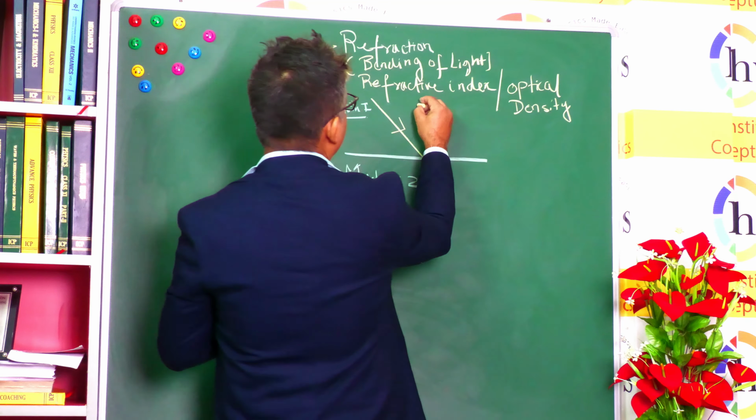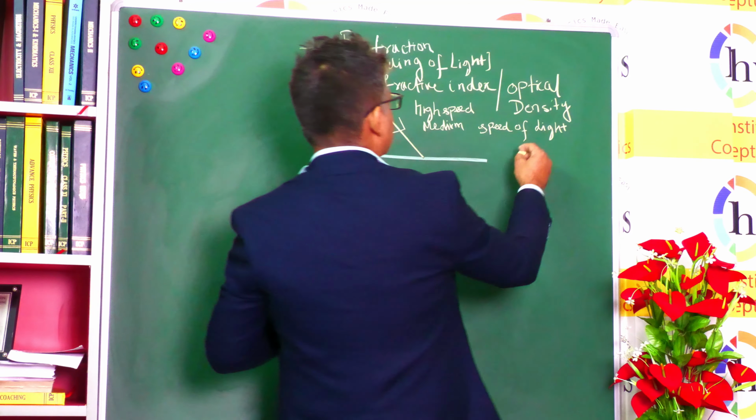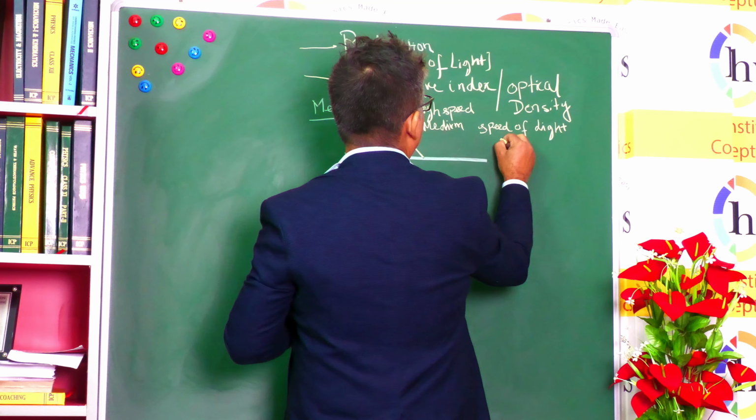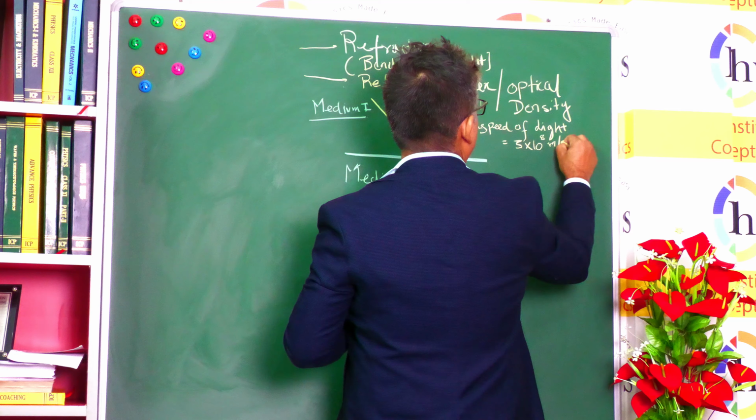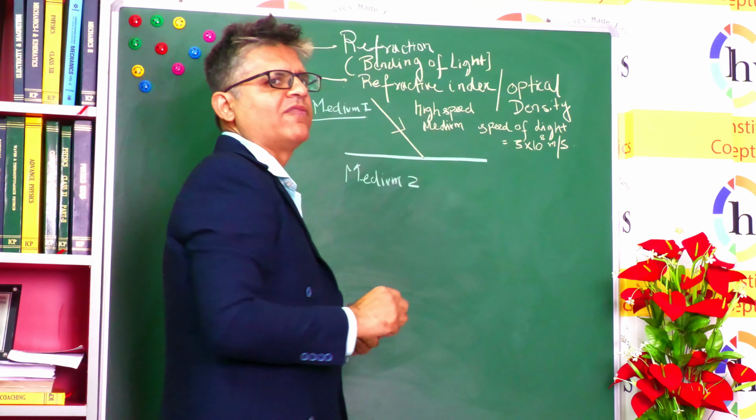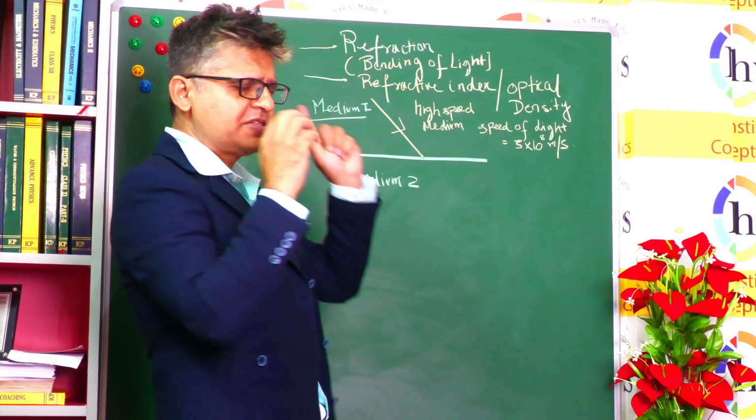Let's say this medium is vacuum. Then we can easily write that the speed of light here is 3 into 10 raised to power 8 meter per second. So this is our speed of light in vacuum. It's a high speed medium.